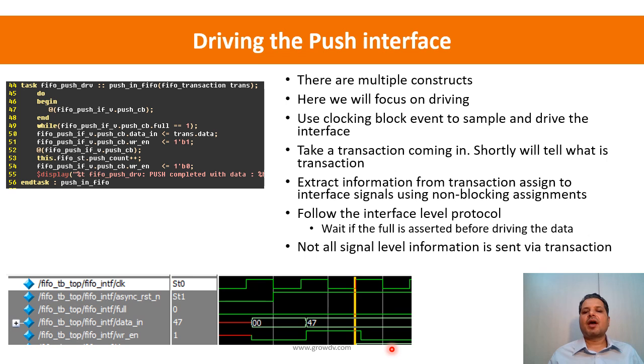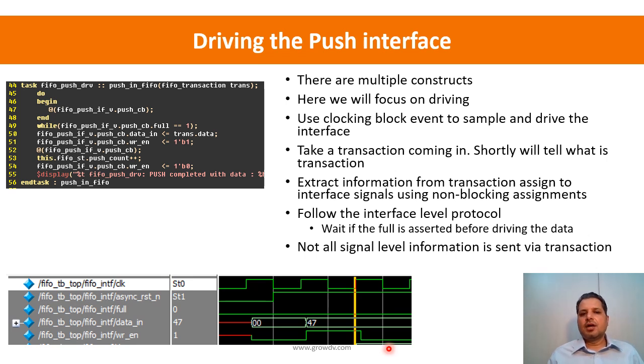So this is how we are driving the FIFO interface. I hope this gives you an idea of how we use the interface, how we extract it from the transaction, and how we are able to drive it on the FIFO write interface.